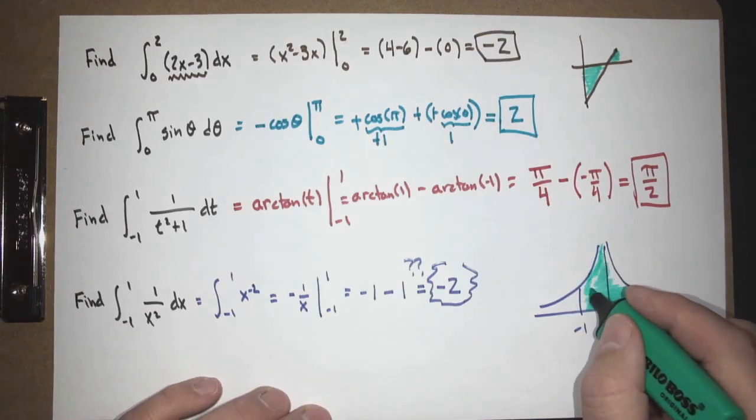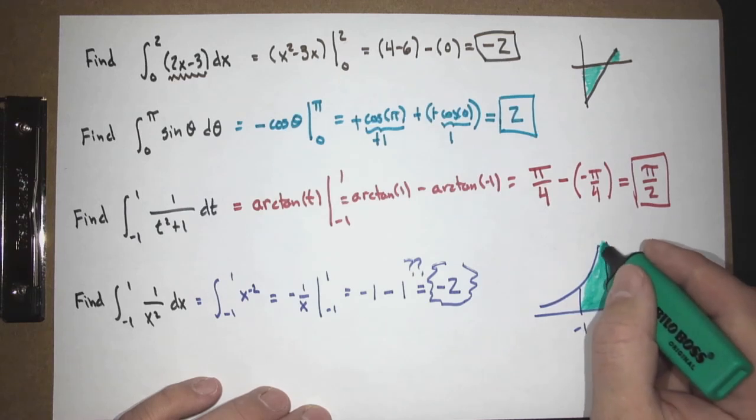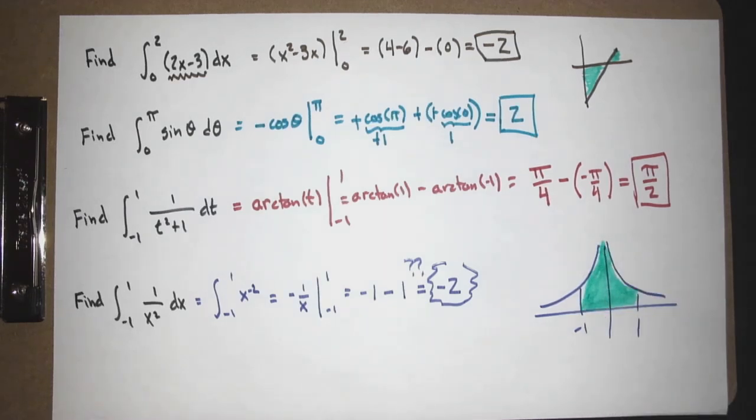What do you notice about this? It's all positive. We should end up with a positive number. How did we end up with -2? What's going on? Did we break math? A little bit.